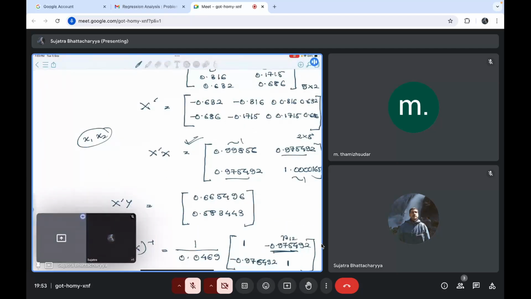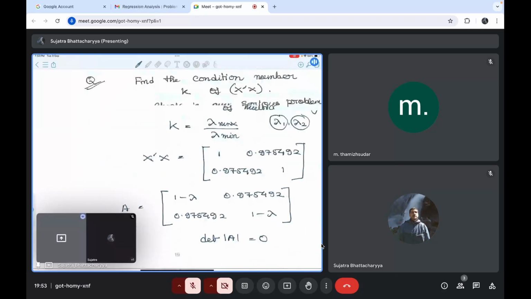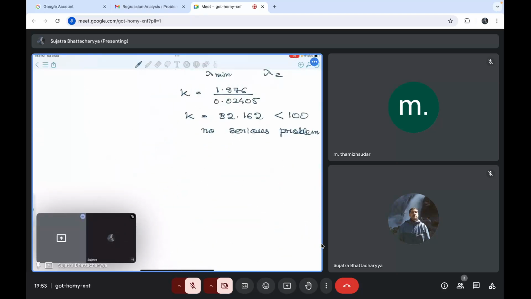So this is an important thing. Number two is that your variance inflation factor is greater than or equal to 10. So this is also multicollinearity, strong multicollinearity exists.